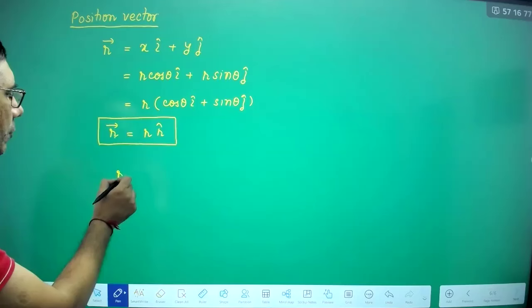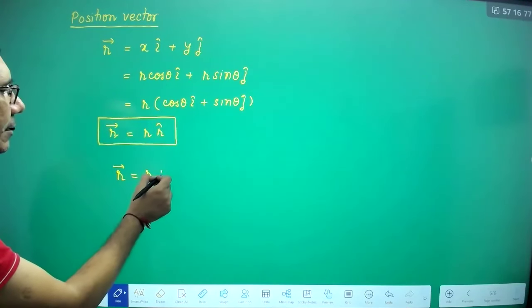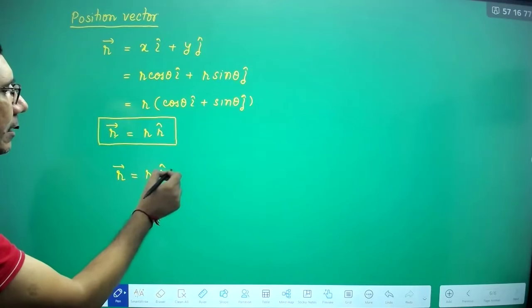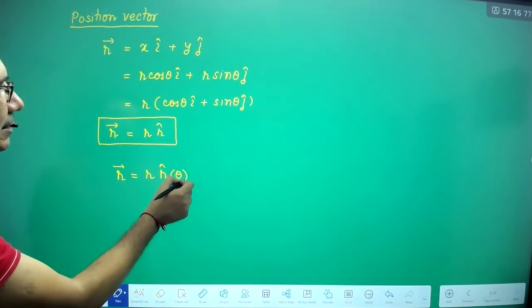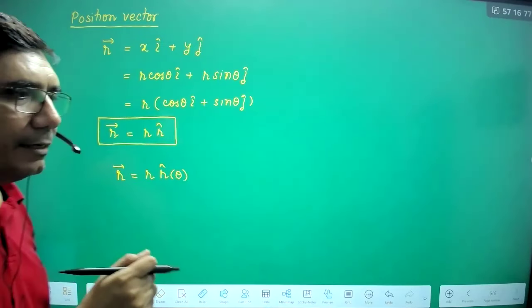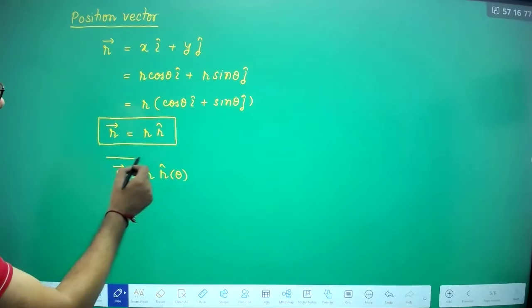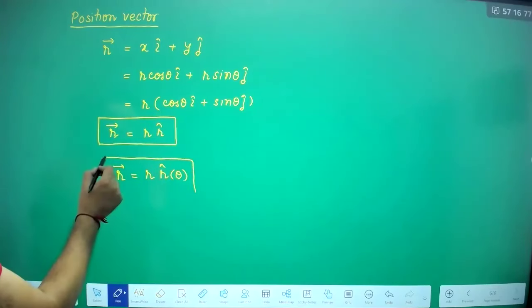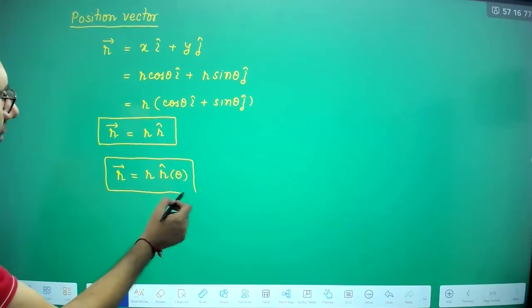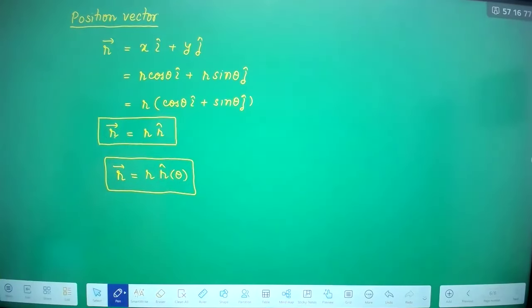In many books, to explain this aspect, they write that theta is inbuilt in r cap. Theta is an inherent part of this r cap. So you can also write it like this. So this is the position vector.